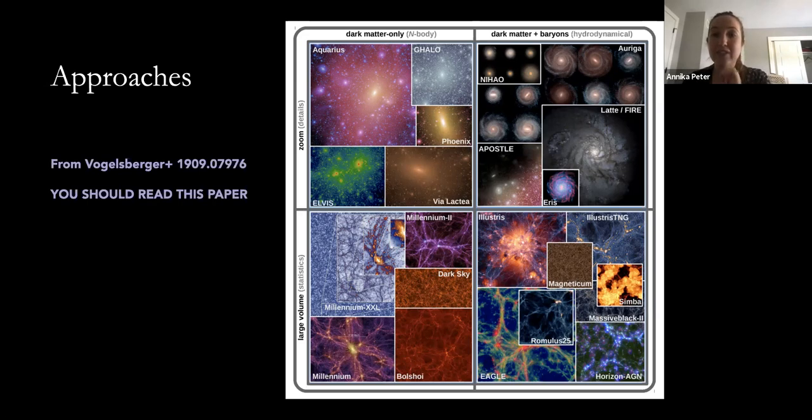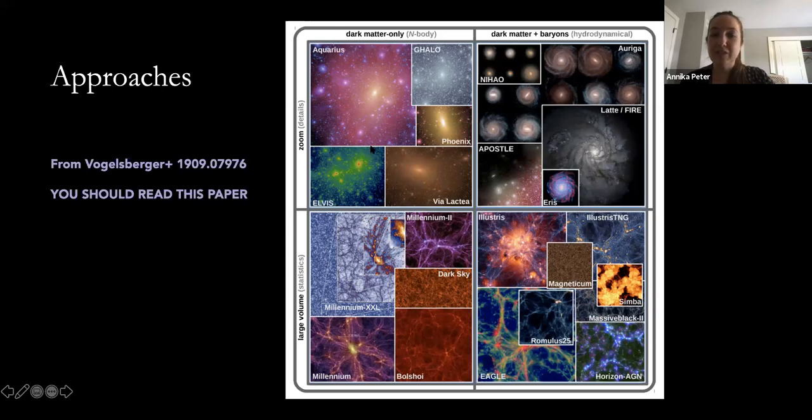Mark and his collaborators have classified simulation efforts according to this Mendelian type grid. In this case, we've got what type of simulation we're doing. Are we focusing just on a small patch of universe, these zoom-in simulations, or a large statistical volume?